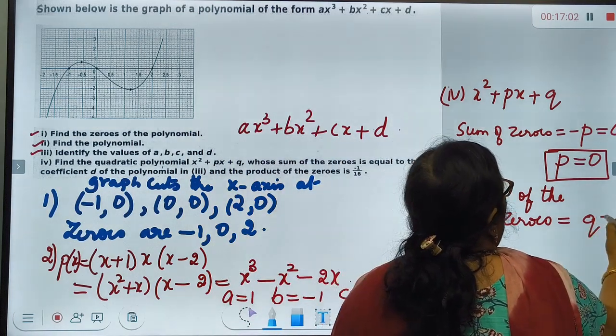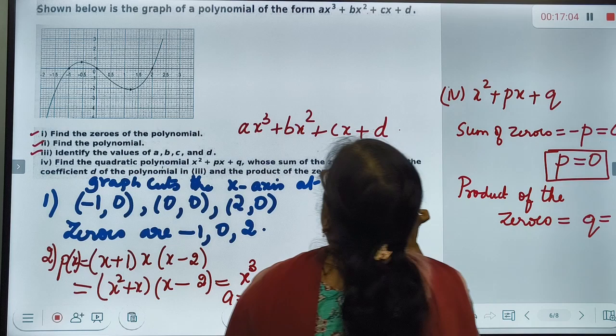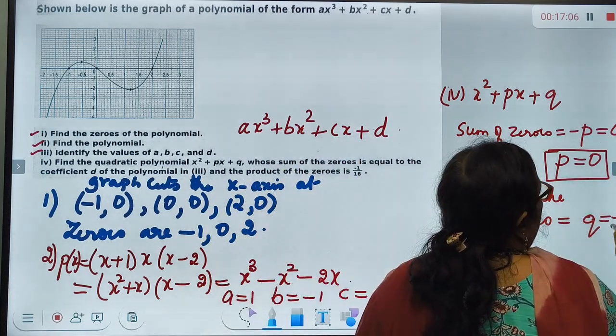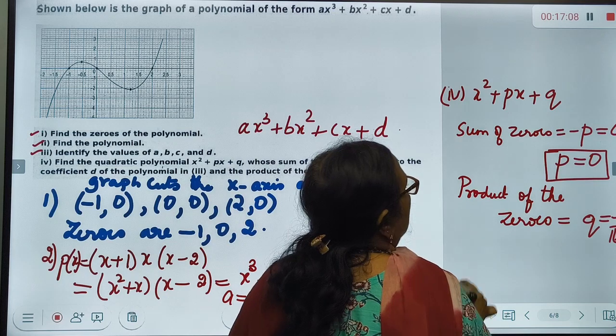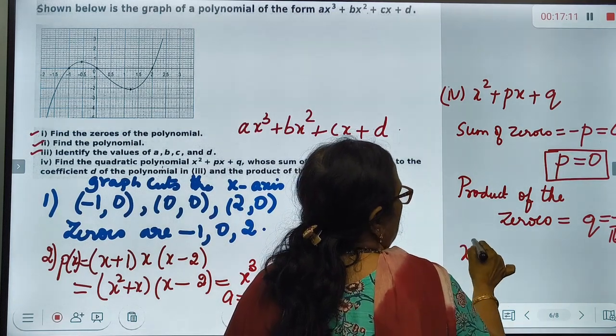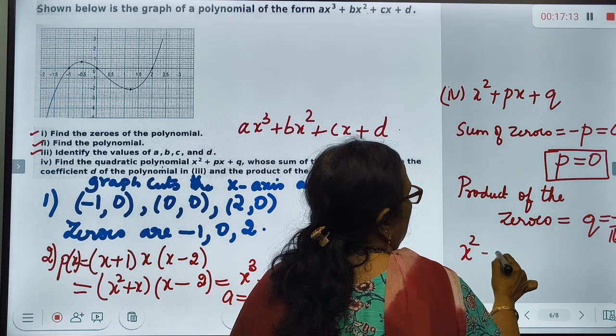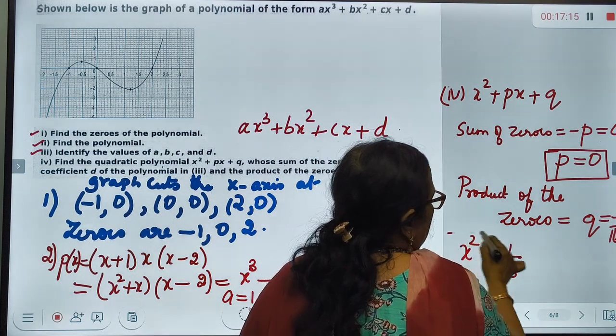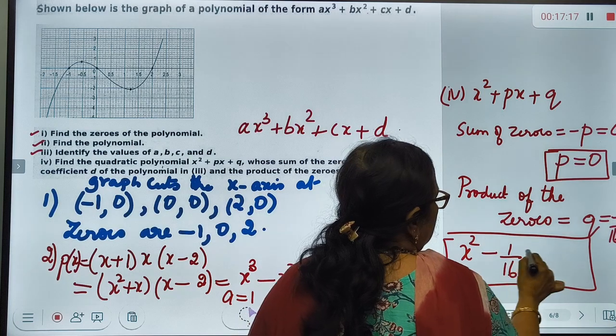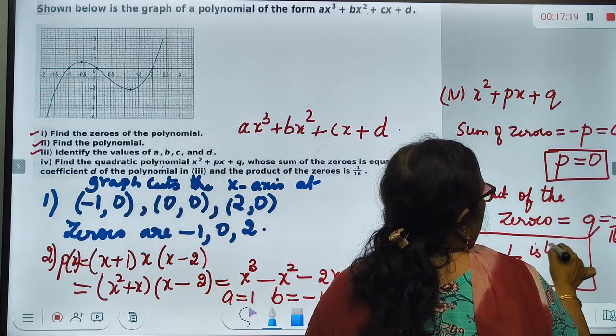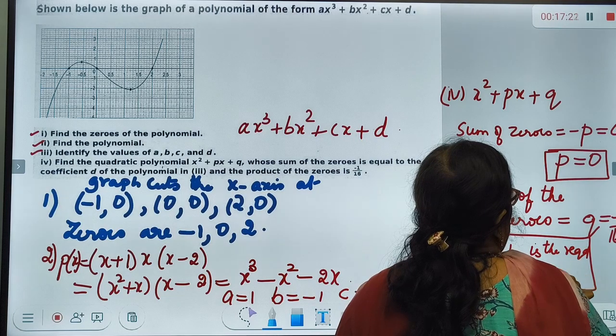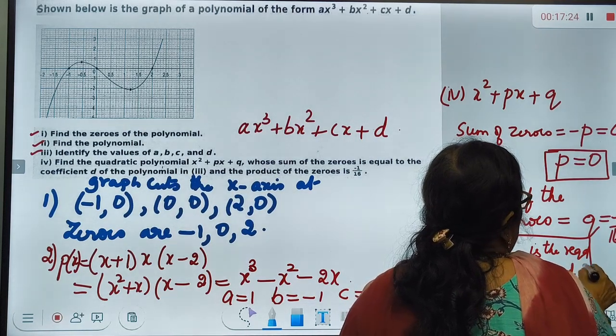Now this is given to be what? Minus 1 by 16. So what is the polynomial? x square, p is 0, is the required quadratic polynomial.